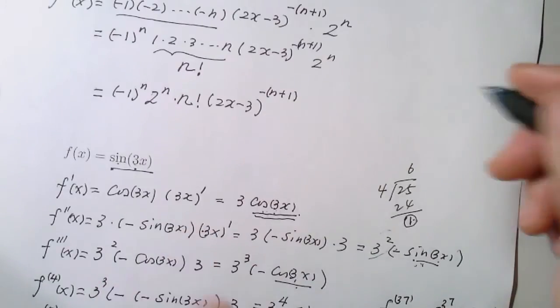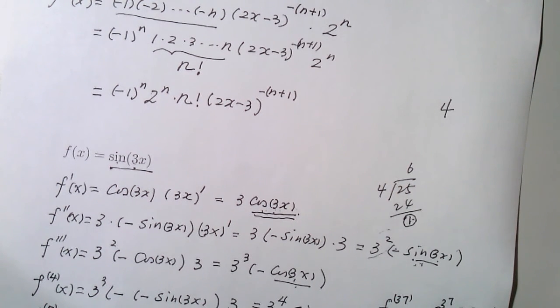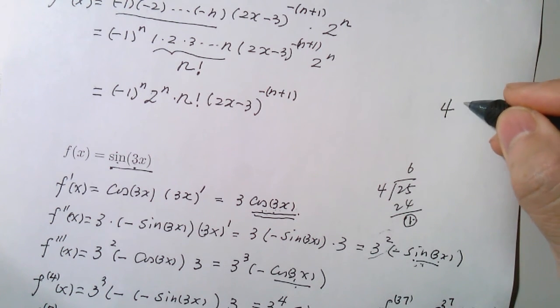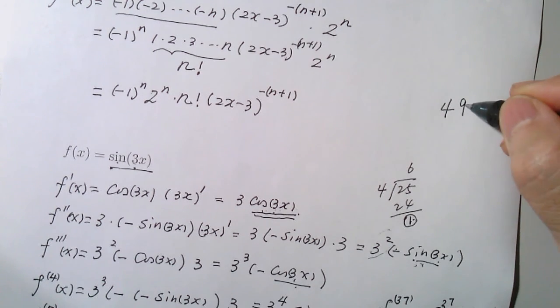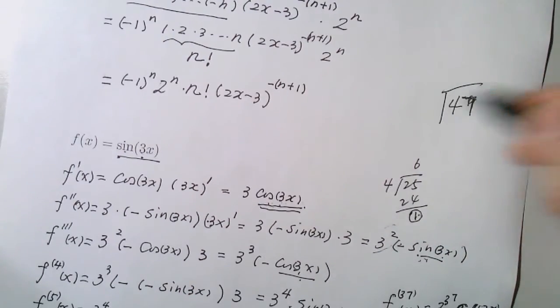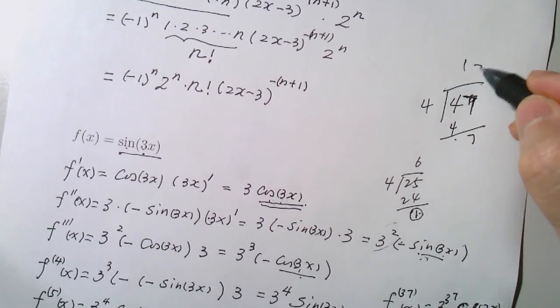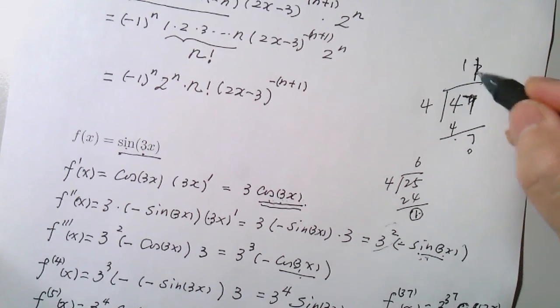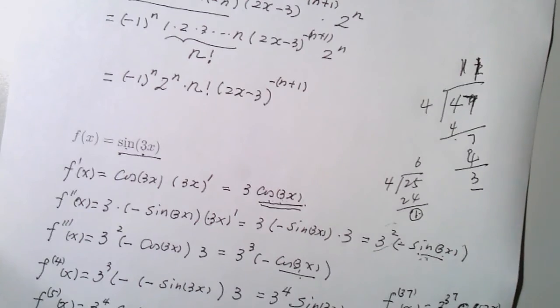Okay, let's do a different one. How about the 47th derivative? 47 divided by 4, the remainder is 3.